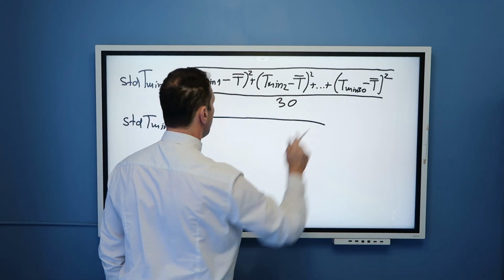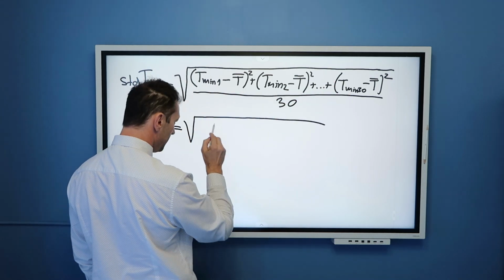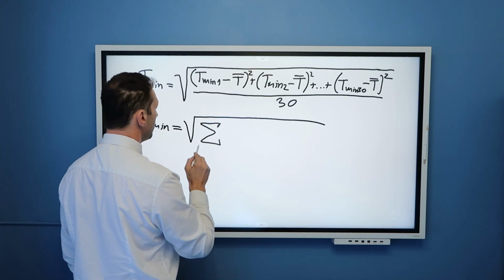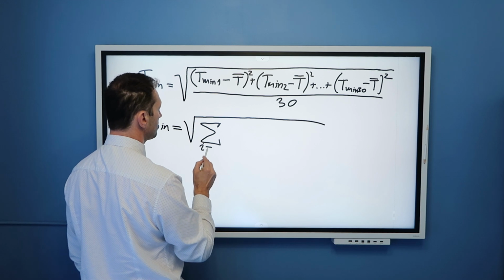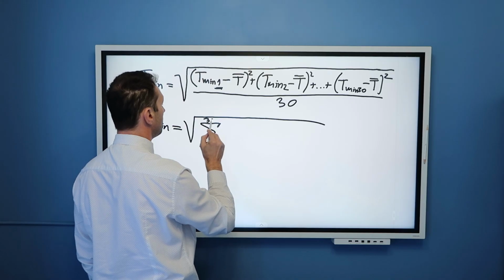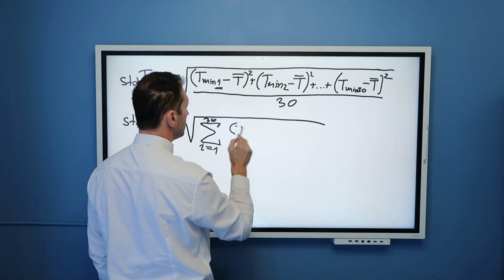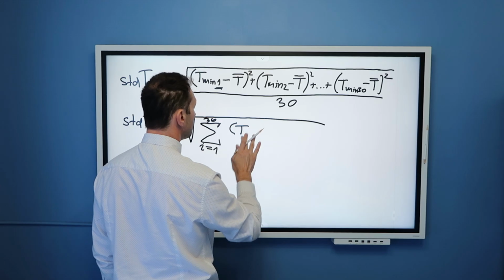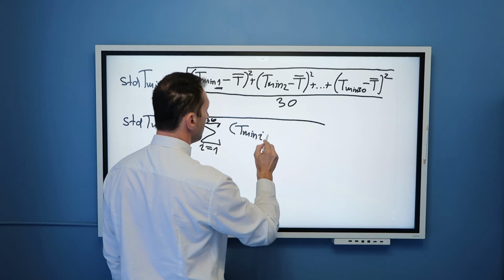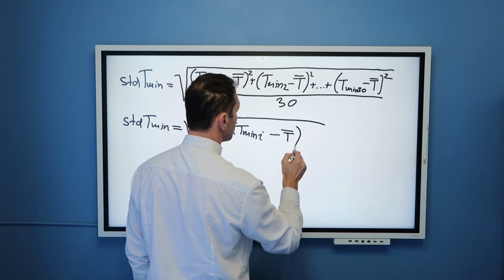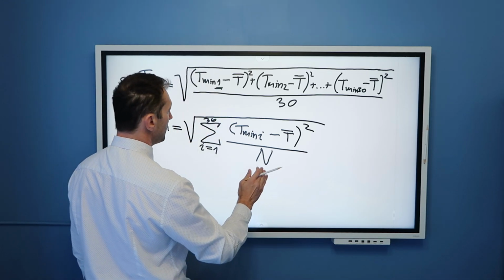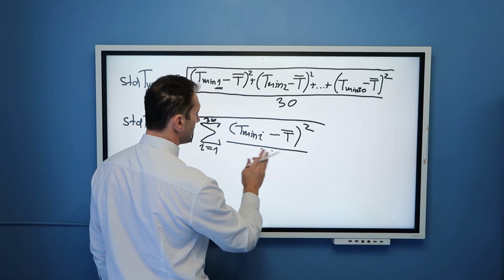Instead of writing all these pluses, we use this Greek letter sum, where a counter i goes from 1 to maximum 30 of T minimum i, T minimum for that year i, minus T average squared, divided by N. Divided by 30.